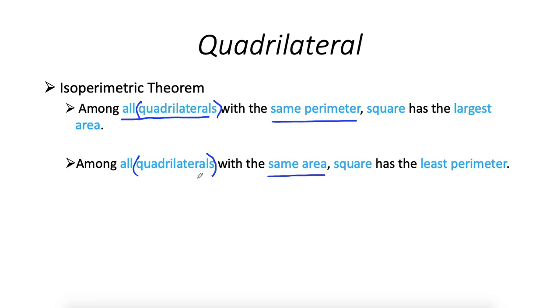And if the area is the same, the least perimeter will be that of the square. You will see questions relevant to these in the data sufficiency of the GMAT and the quantitative comparison questions of the GRE. So try to understand these properties. That will be really helpful if you want to score a perfect score.